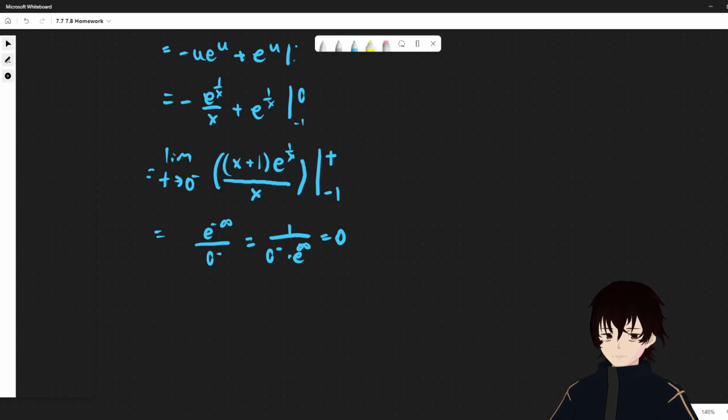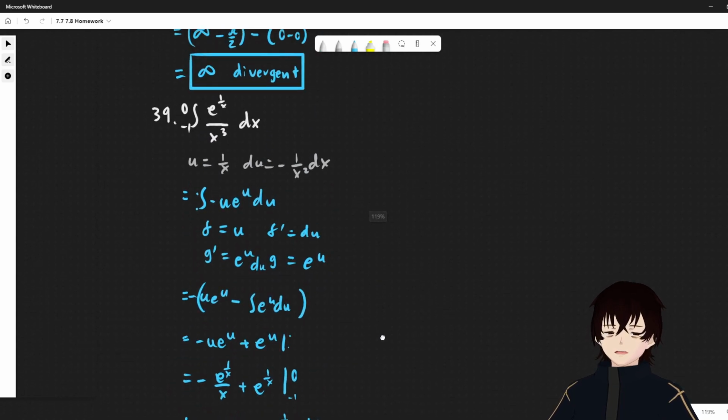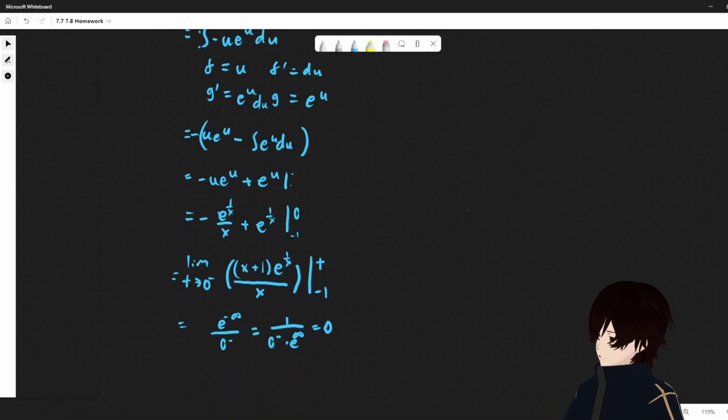Don't see what's wrong with this. Did I miss something? What is the question? From -1 to 0 of e to the power 1 over x divided by x cubed, yes. Ah!